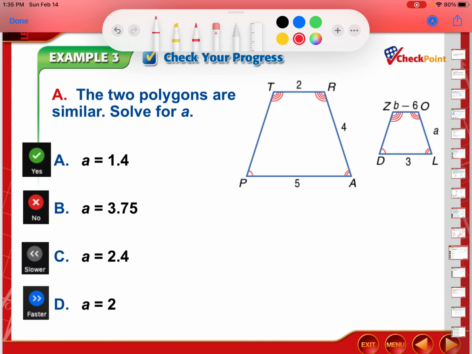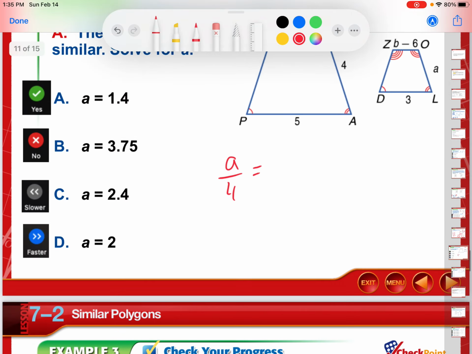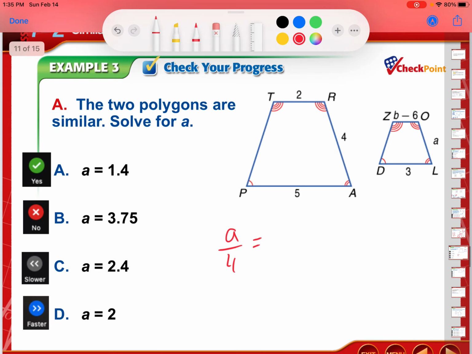Alright, so you'd be responsible for solving these on your own, but we'll do them together real quick. The two polygons are similar. Solve for A. So I know A over 4 is equal to 3 over 5.